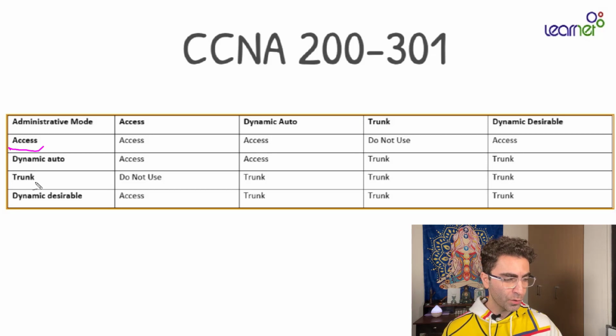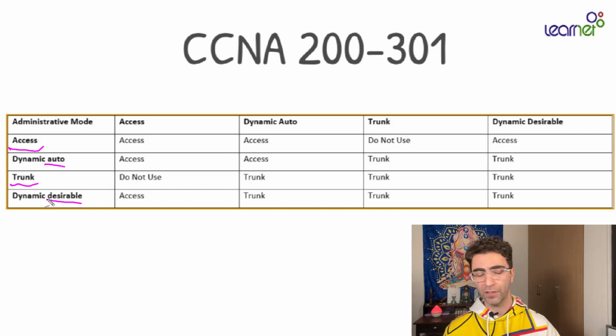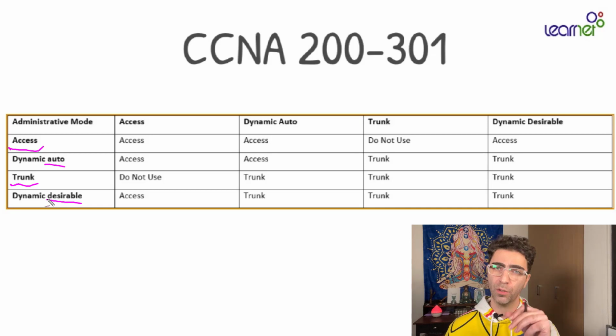And also switchport mode trunk means I don't want to negotiate to being access. It has to be trunk. But dynamic auto and dynamic desirable bring some negotiations for you. With dynamic auto, the switch will negotiate about being trunk or access, or actually being trunk.